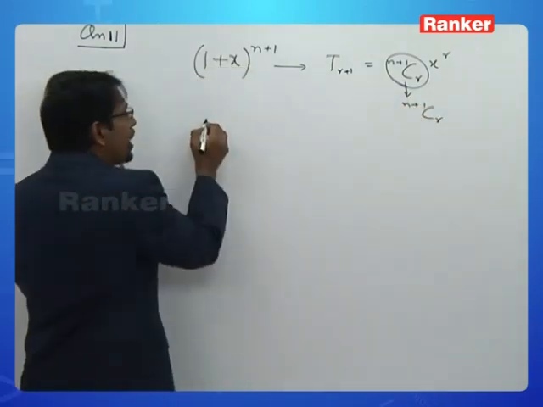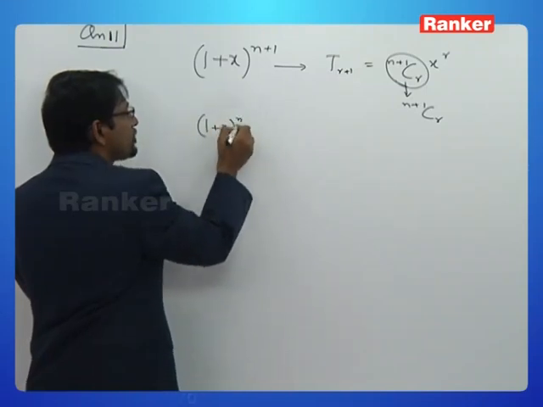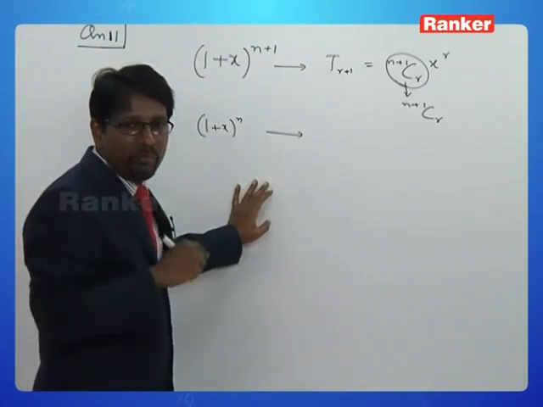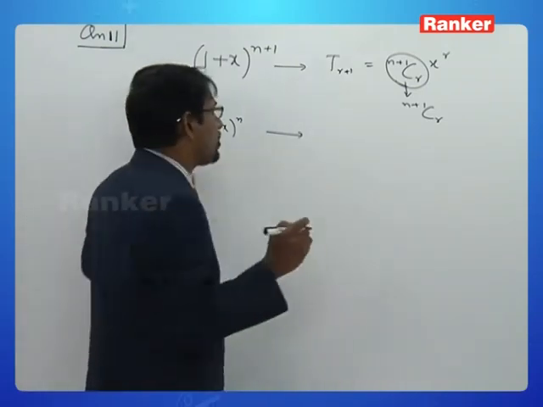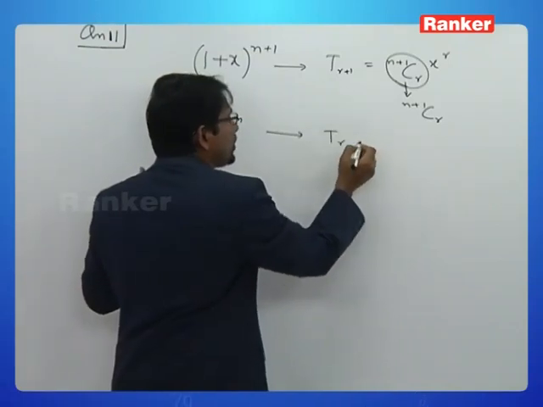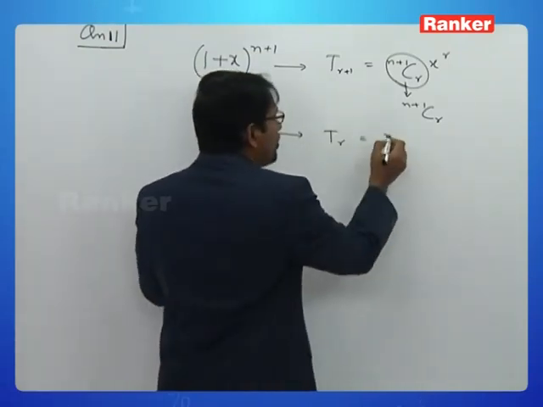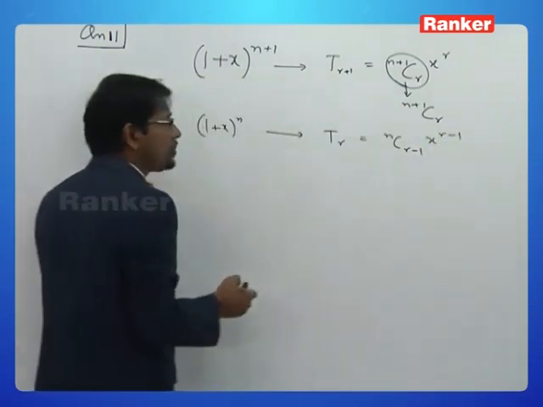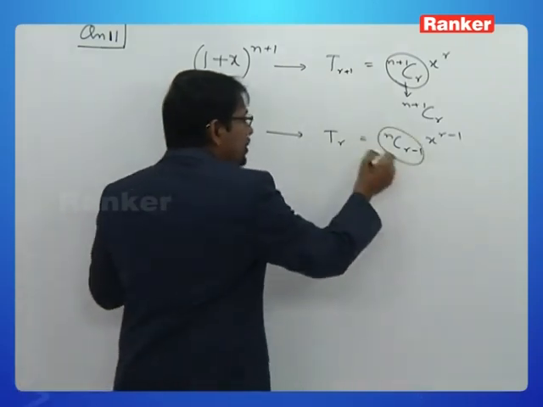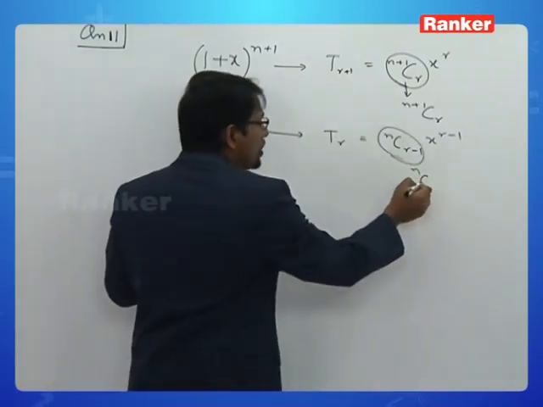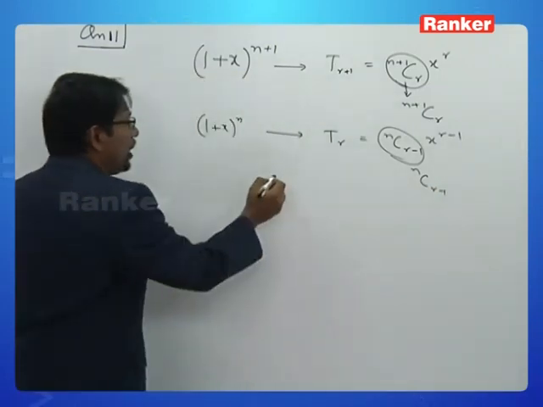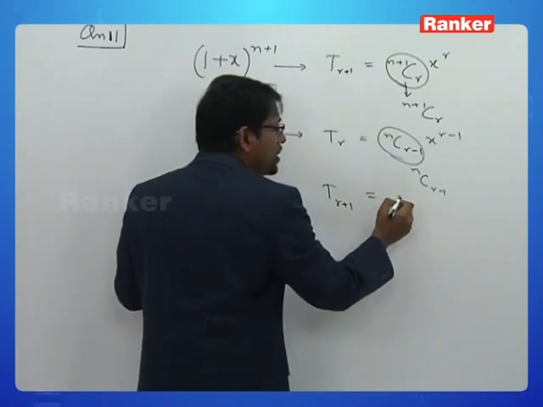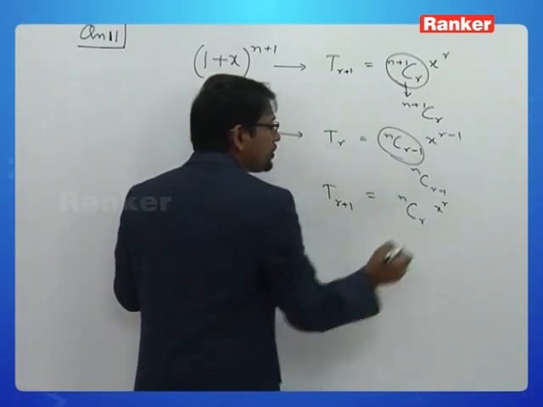Now let us look at the expansion (1 + x)^n. He says the coefficients of the rth term and the (r + 1)th term there. So what is the Tr coefficient? nC(r-1) into x^(r-1). This is the coefficient, nC(r-1). Again look at T(r+1). What is the coefficient of T(r+1)? nCr into x^r.